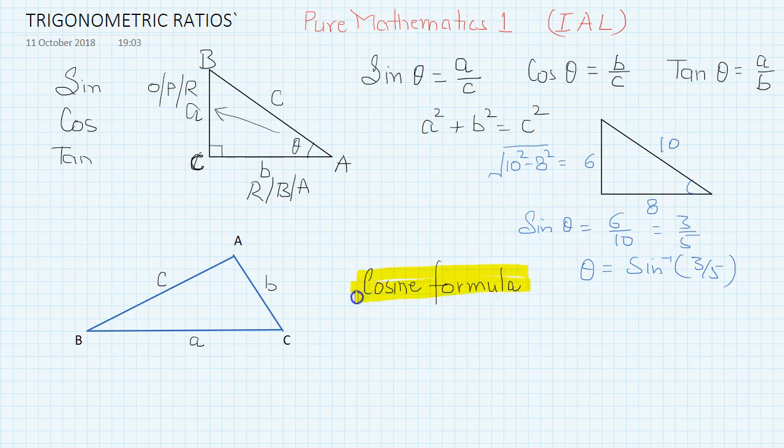Cosine formula is used for two things. Number one, if all sides of a triangle are given.